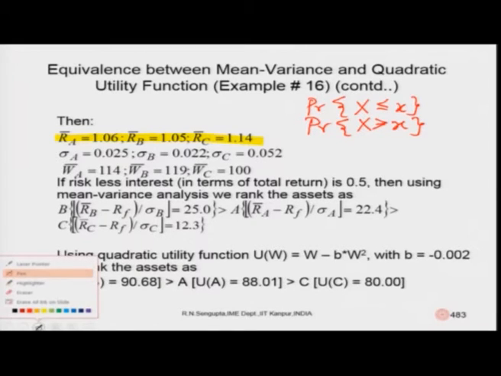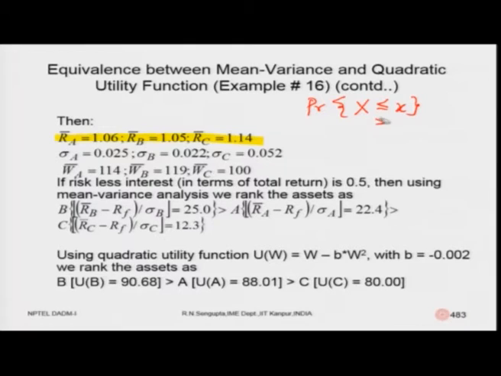I should erase this, so there is space. Let me continue. Probability of (X minus E of X, the expected value of X, divided by sigma of X) less than or equal to (x minus the expected value of capital X, divided by sigma of X).